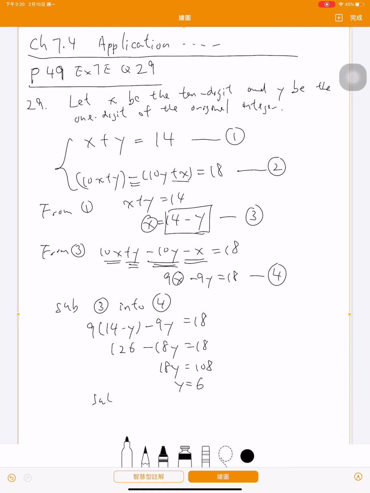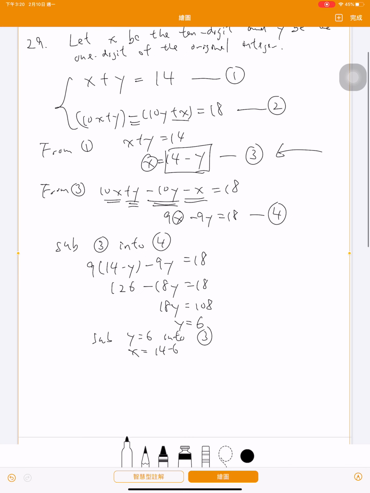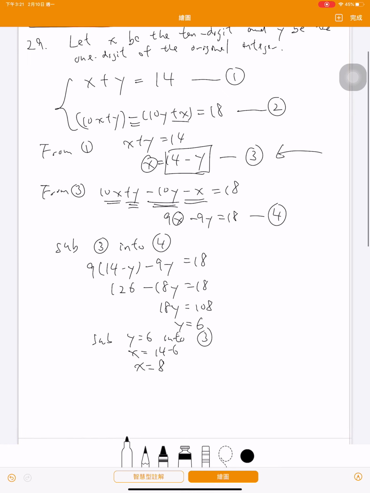And then substitute the answer into equation 3. This one is easiest. X is equal to 14 minus 6, which is 8. So we know that x is equal to 8, y is equal to 6, but what we want to find is the original number, that is 86, right?